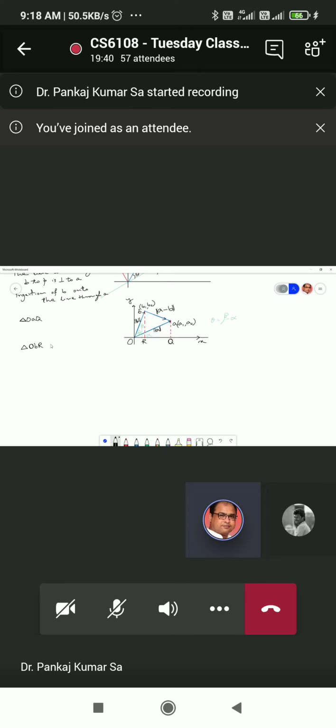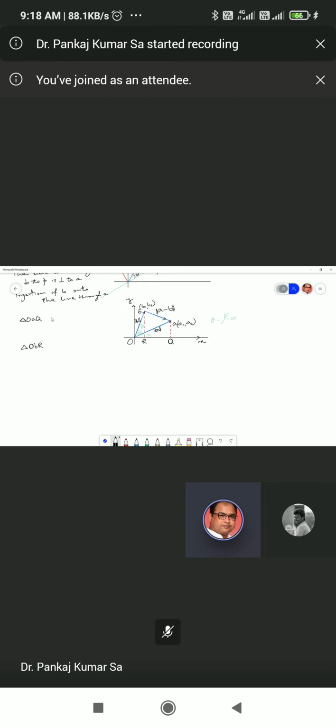So from the triangle OAQ, can I write like this? Sine alpha is equal to A2 by A, and cos alpha is equal to A1 by A.